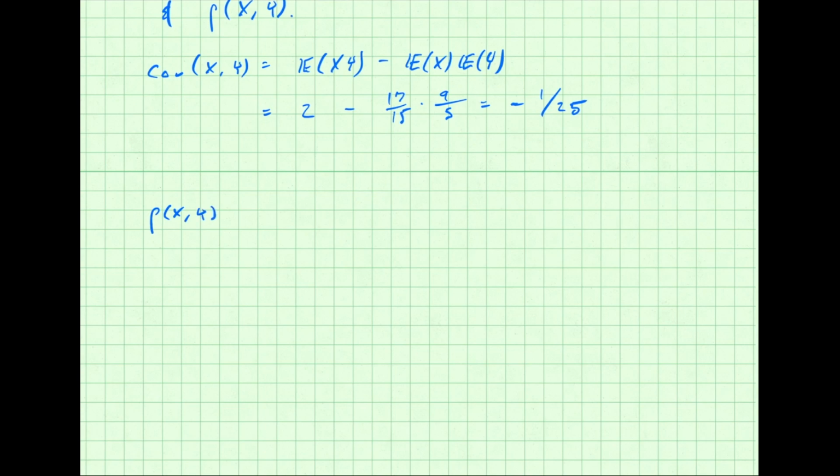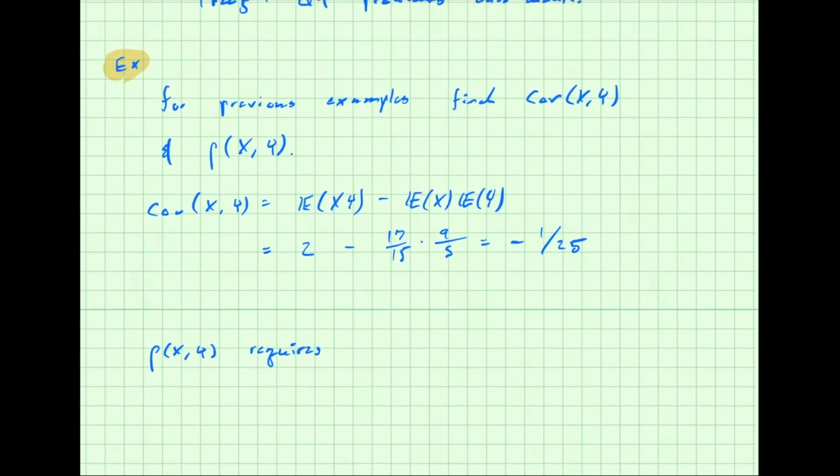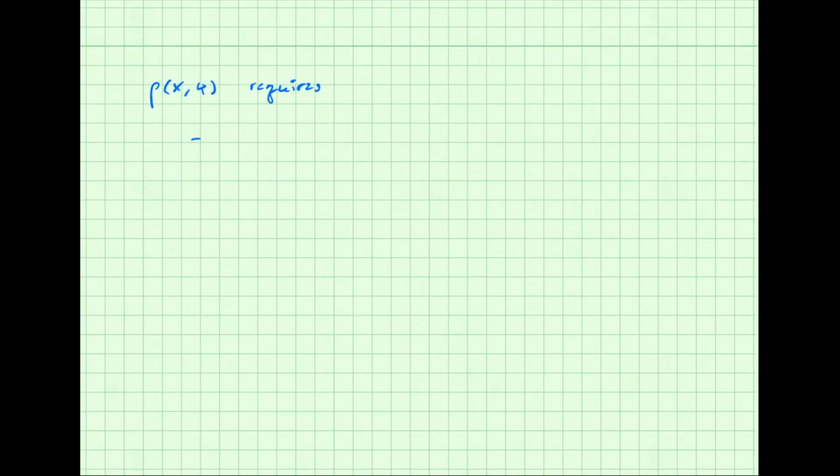this requires 2 calculations that I'm going to skip. To compute this, you need to compute the expected value of x squared and of y squared. And I'll skip those because they're nothing new to us. So the expected value of x squared, you can do that. You need the marginal distribution of x, which we have above.